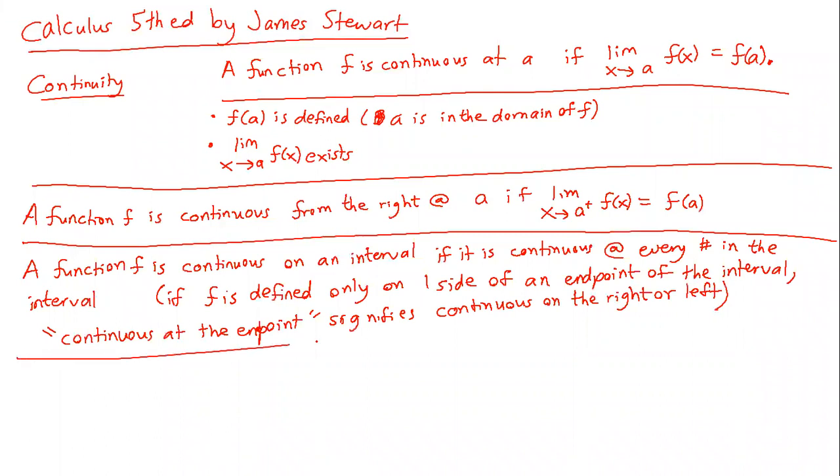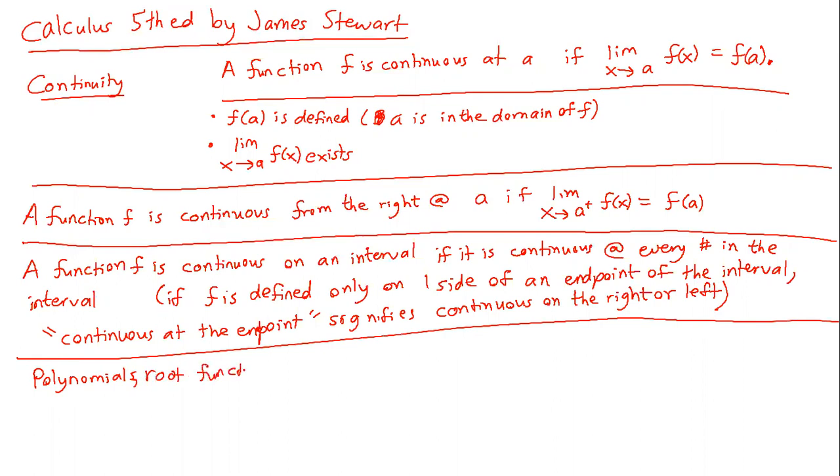So then you might say, okay, which functions are continuous on intervals? Polynomials, root functions, square root and other roots, and rational functions, which we said were ratios of polynomials.